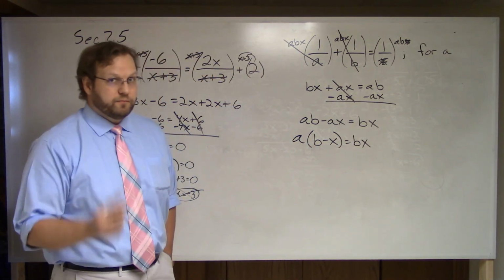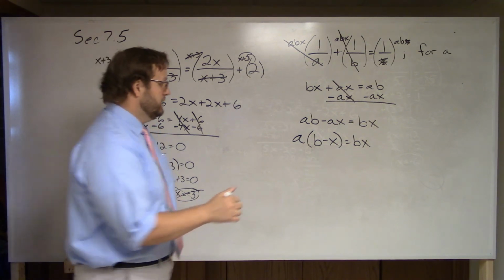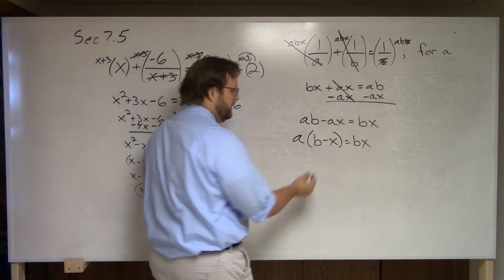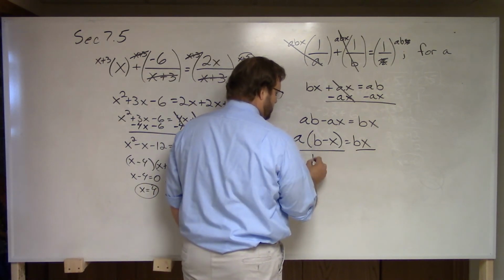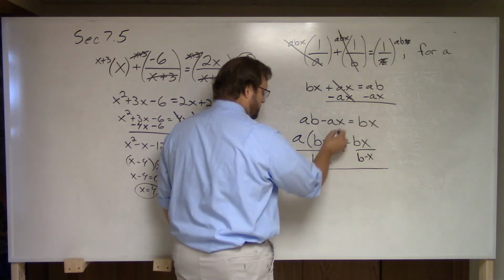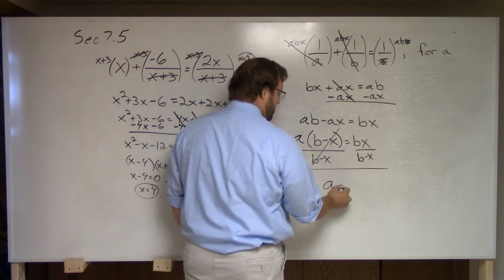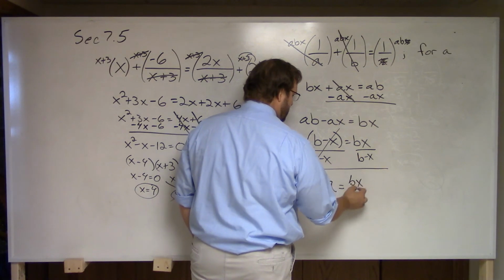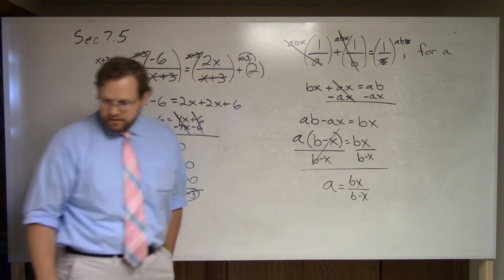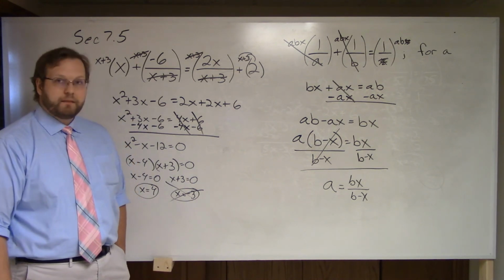And now I went from 2 down to 1. And then this distribution is a fancy way of multiplying. So I'm going to divide by B minus X, and I have A equals BX over B minus X. And there we go.